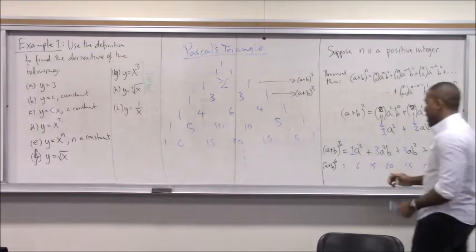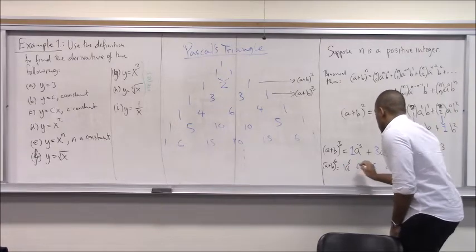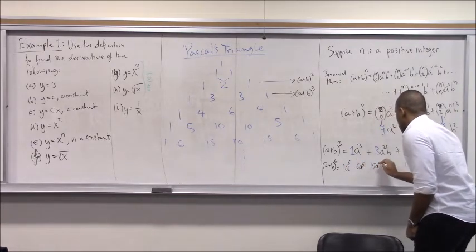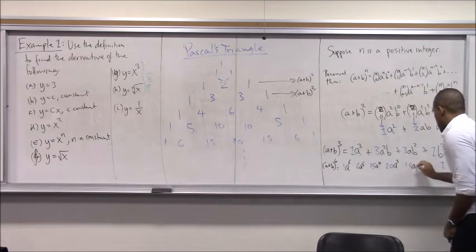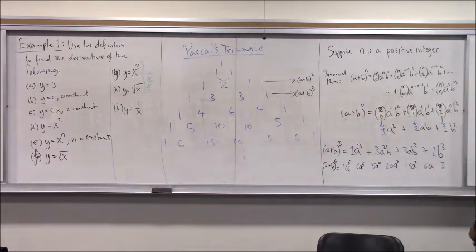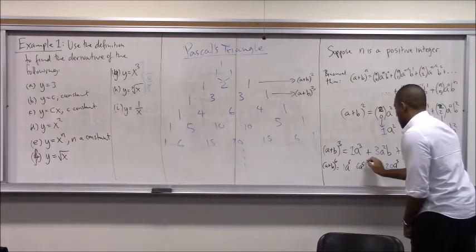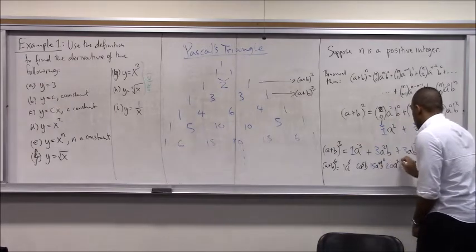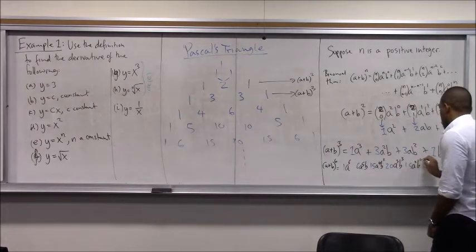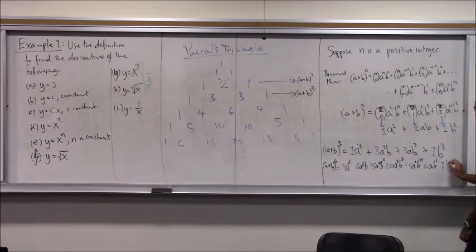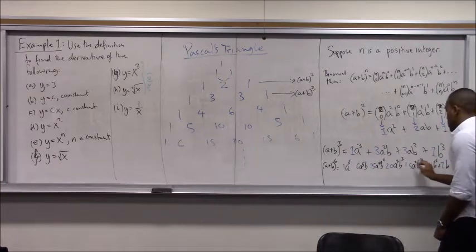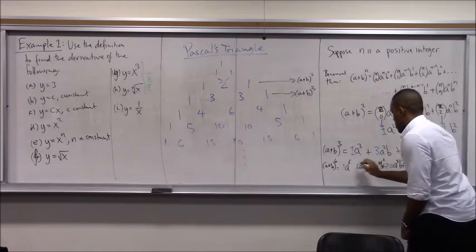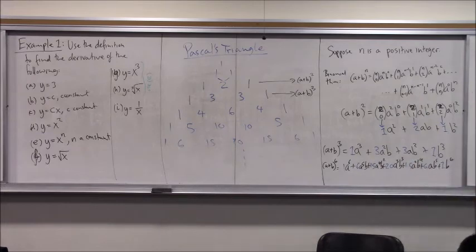I start with the a at the power 6 and count it down, and then I start with the power of b and count up, and then just add all these. So it gives a nice formula for expanding a binomial.